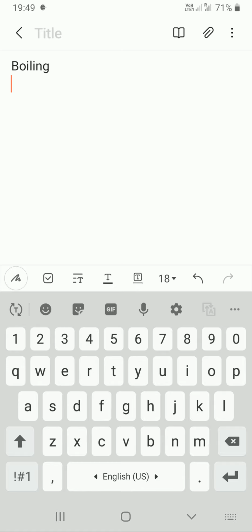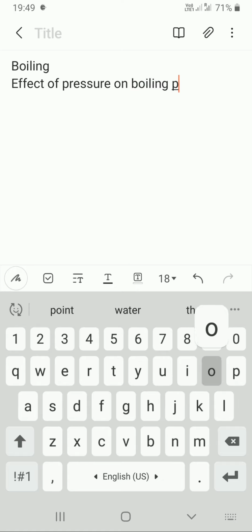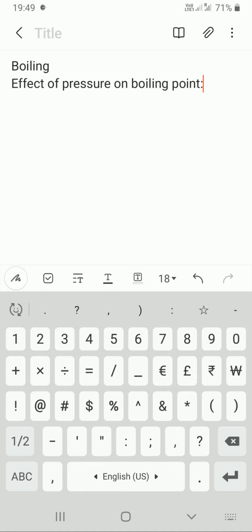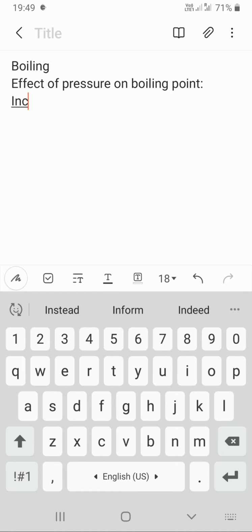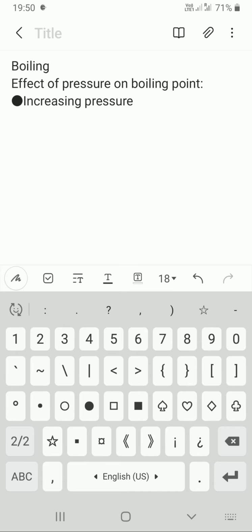So, effect of pressure on boiling point. Number 1, the first point is increasing the pressure.